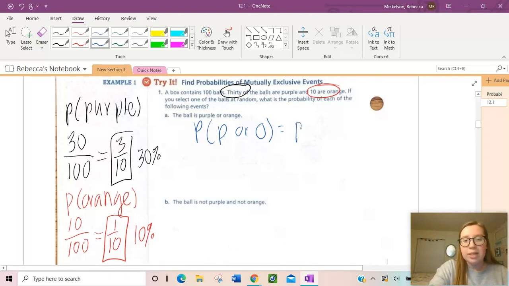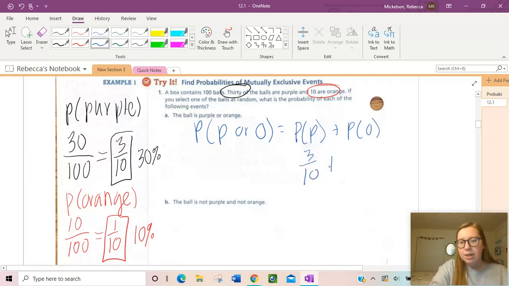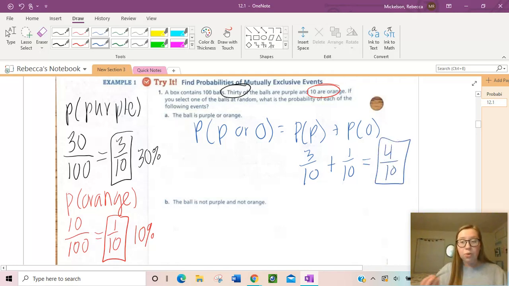So this probability is going to be equal to the probability of drawing a purple plus the probability of drawing an orange. Both of those can happen, not at the same time, but they both fall into our category of either or. We already calculated the probability of purple, so this is 3 over 10. We already calculated the probability of orange, that's 1 over 10. So the probability of drawing either or is going to be 4 over 10 or 40%.